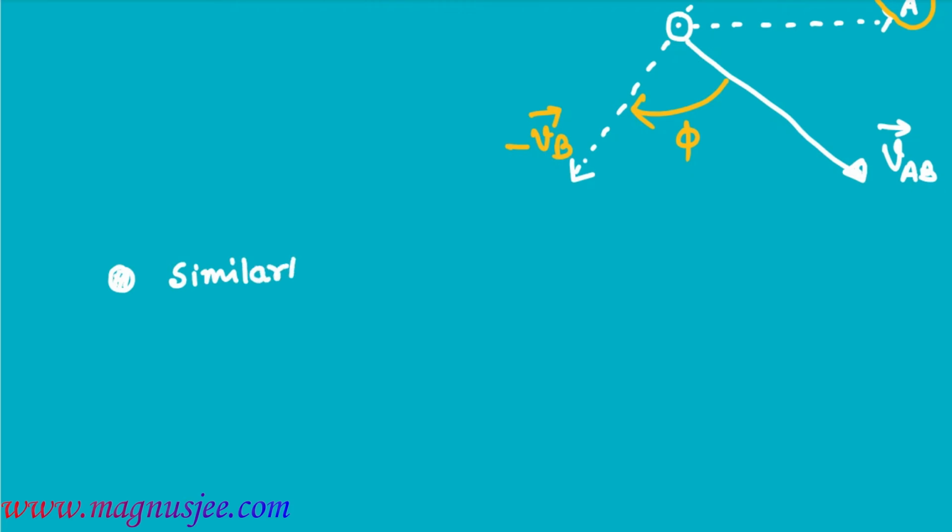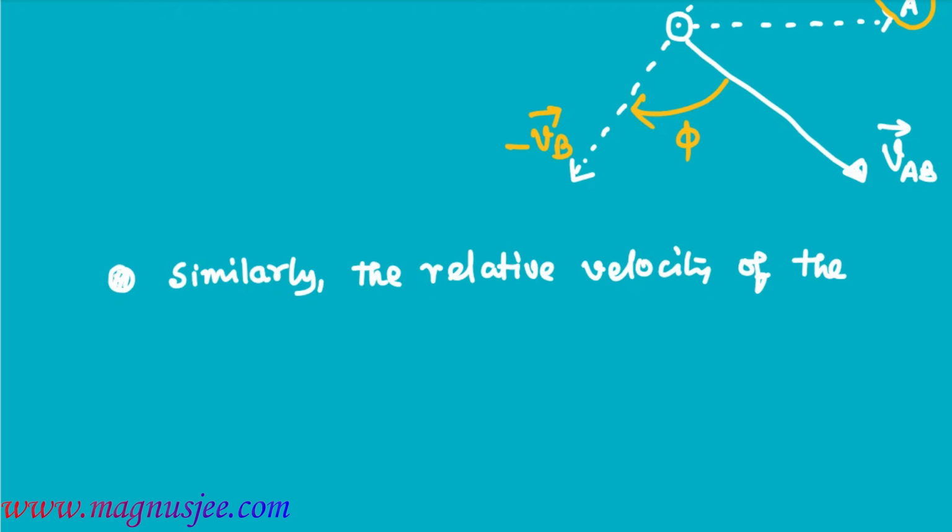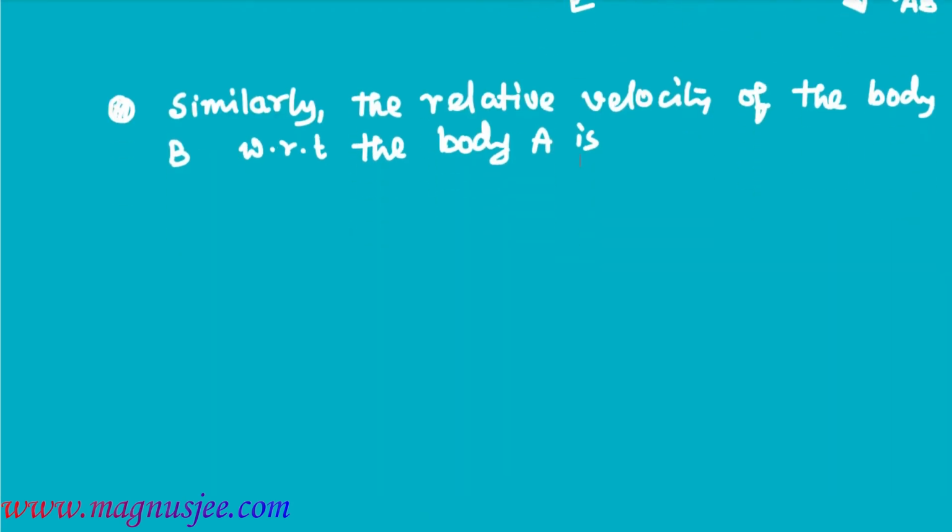Similarly, the relative velocity of the body B with respect to the body A is vector VBA equal to vector VB minus vector VA.